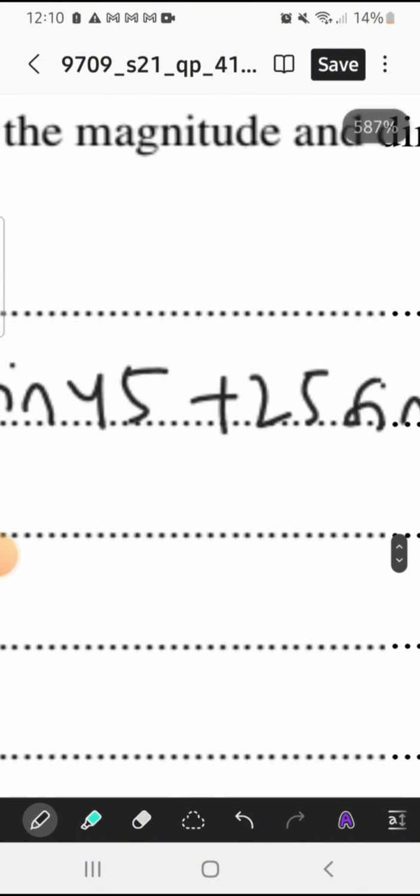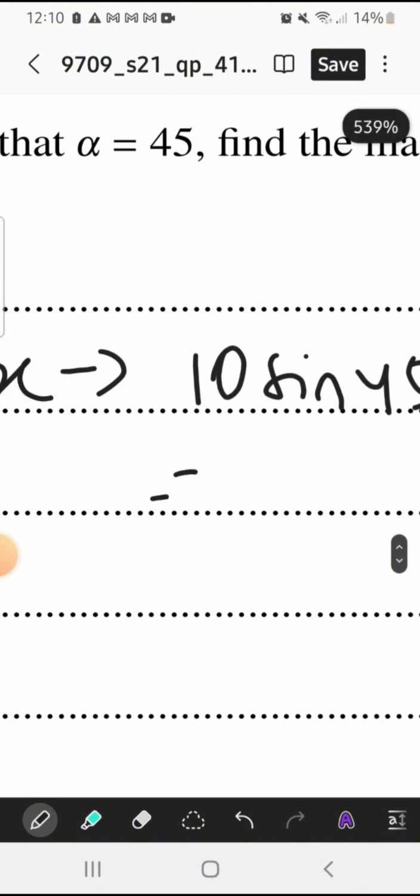If we get a positive here, we know that we are going in the positive direction. Things like that will help us determine which quadrant it is, which will allow us to easily find the angle using the trigonometric ratios, which I'll come back to in a bit.